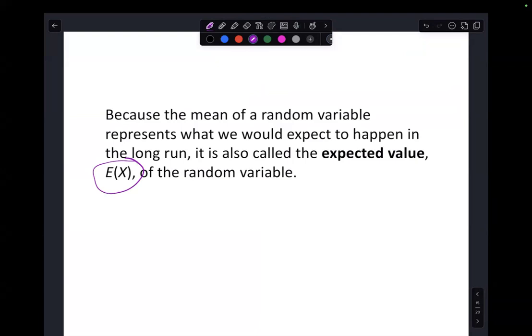The other way is mu sub X. These are the same thing. Mu sub X or E of X, they're the same thing. And the standard deviation is just sigma sub X.